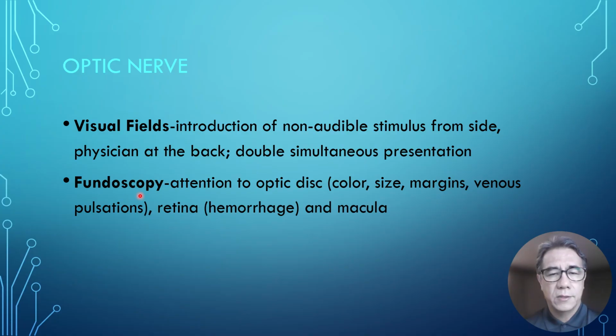And this can be very challenging, especially to the uninitiated, but with practice in fundoscopy, one should be able to determine whether the optic disc is swollen, whether there are exudates, whether the margins are clear, and whether there are venous pulsations.